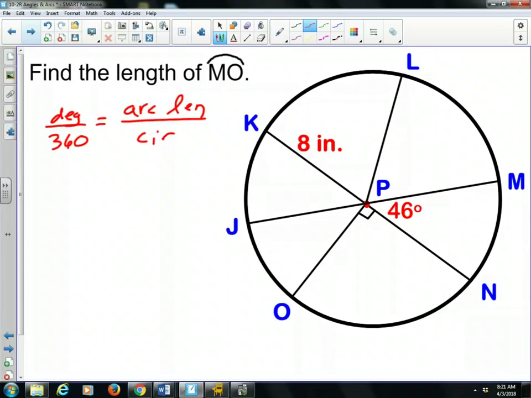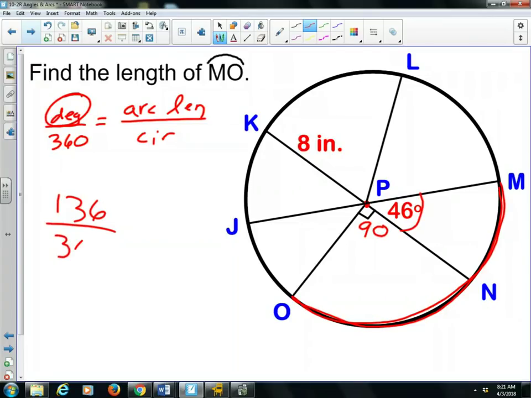So if we want to find the length of arc MO from here to here, we first need to find out the measure of degrees of that arc. So if this is 90 and this is 46, the degree, the part that goes in the top left part of our formula, 90 plus 46 is 136. So 136 divided by 360, that equals the arc length. That's what we want to find.